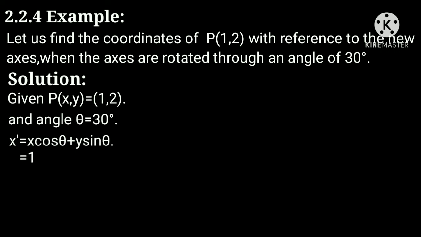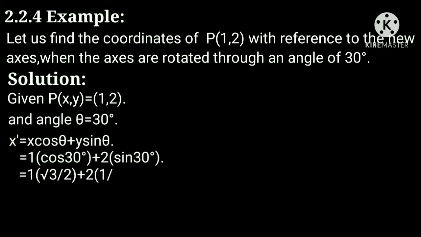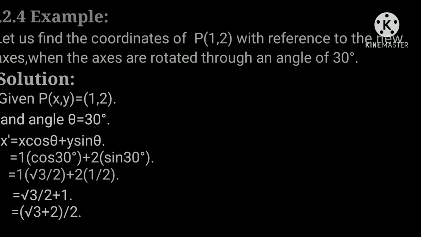That is equal to 1 into cos 30 plus 2 into sin 30. After substituting cos 30 and sin 30 values, we have 1 into root 3 by 2 plus 2 into 1 by 2 equal to root 3 by 2 plus 1. Taking LCM, the expression becomes equal to (root 3 plus 2) by 2.